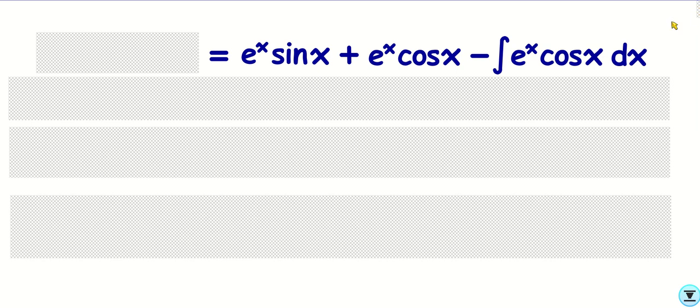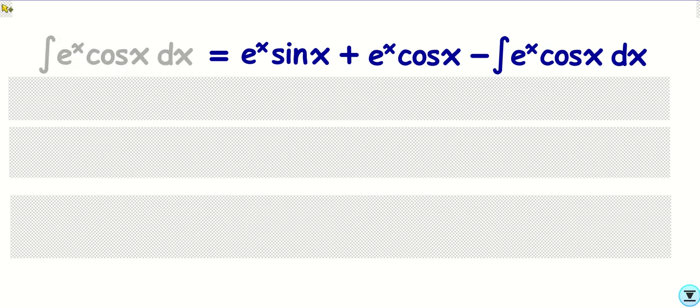Actually, ladies and gentlemen, it was all worth it, because you're not going to look at getting the exact same integral we started with as a bad thing. Look at that as a good thing, and we're going to use that to our advantage.